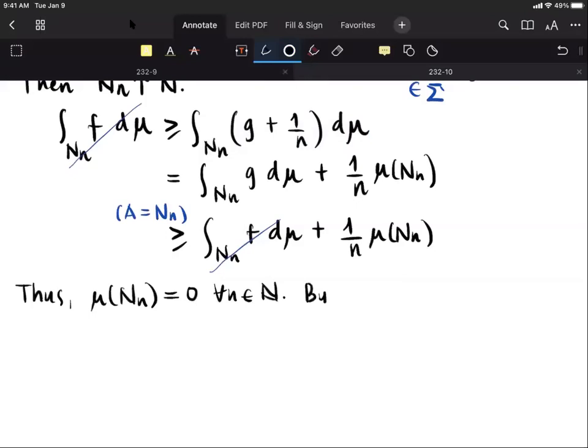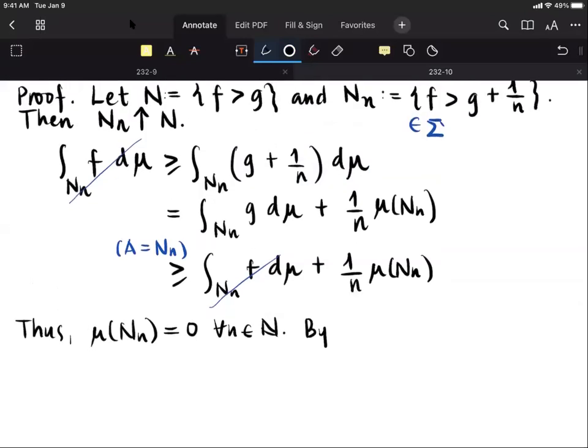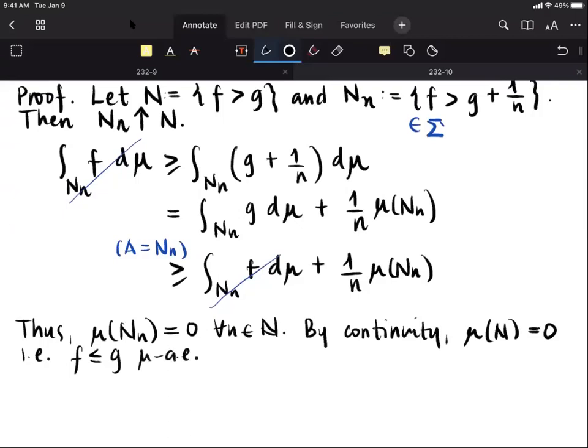So again, applying the continuity of the measure and the fact that N sub n increases to capital N, the measure of the set N is 0. That is, f must be less than or equal to g, mu almost everywhere.